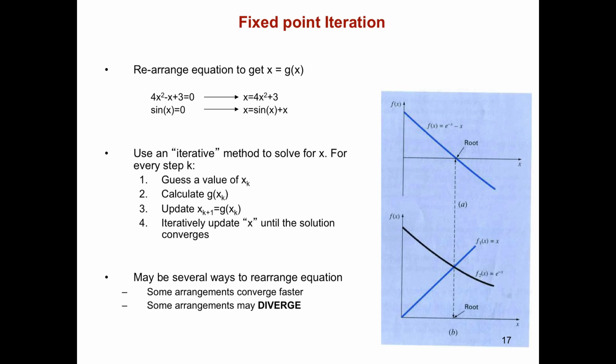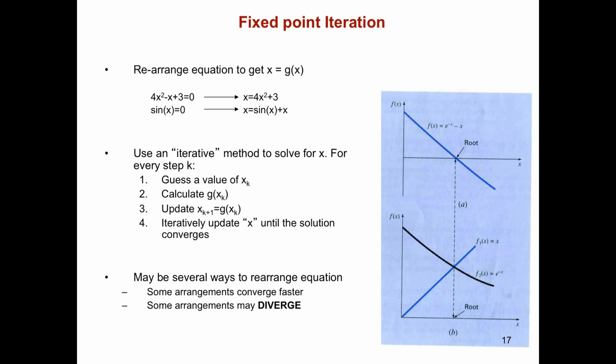You iteratively update this x, and you're hoping that you're going to get closer to the root. The problem with this is obviously there might be different ways to rearrange this equation, and we'll see that some ways will work and some ways don't work. And some of these basically diverge, they get away from the root.